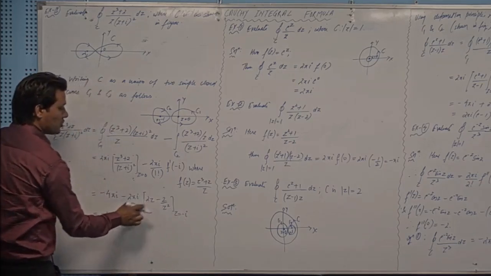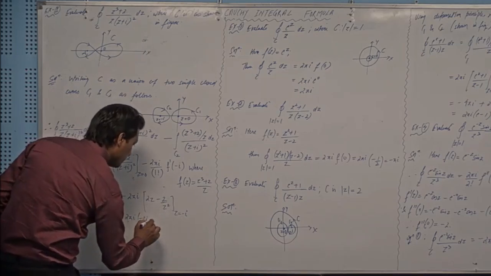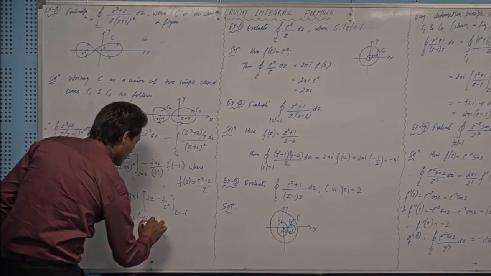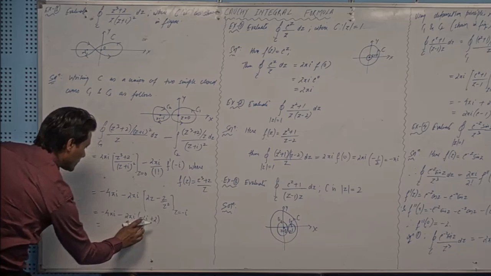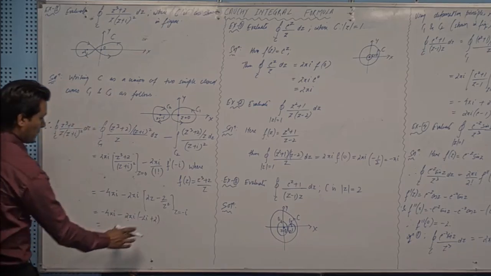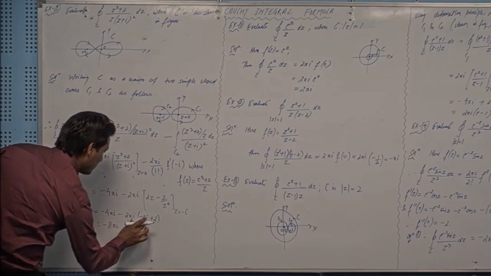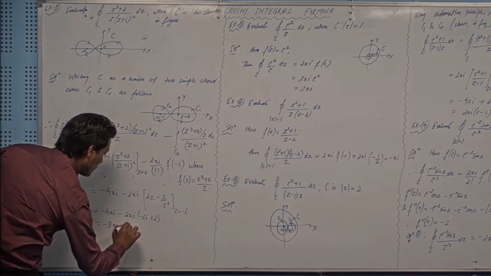Plugging minus iota here will produce minus 2 iota, right? And here it will produce iota square minus 1, that will become plus 2. I think this will be added up: minus 4 pi iota and minus 8 pi iota, so it will become minus 4 pi.